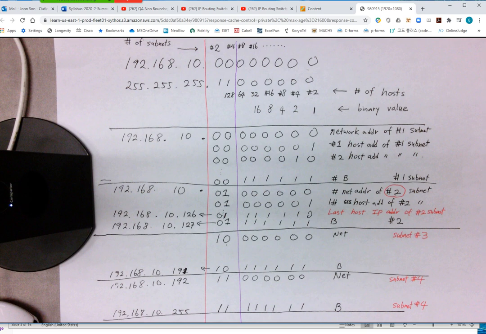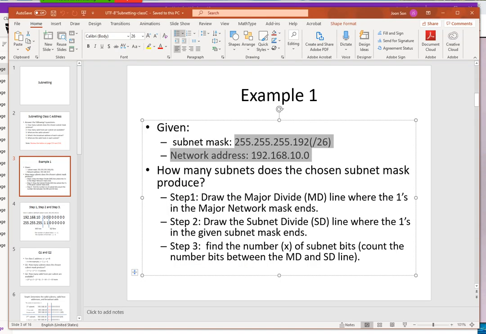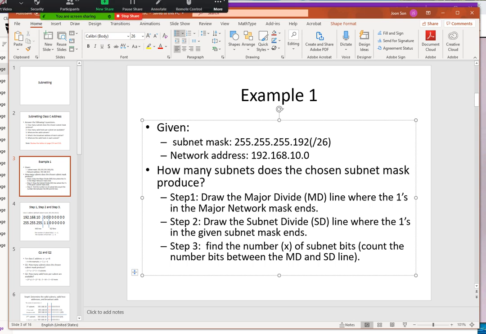So I'm going to show you how you can build this subnetting table. The given is a subnet mask of 255.255.